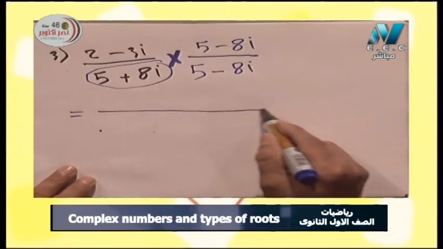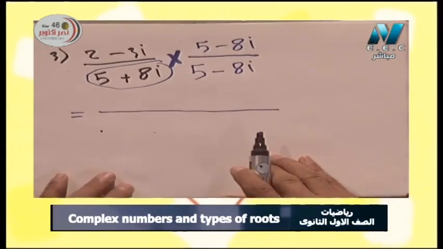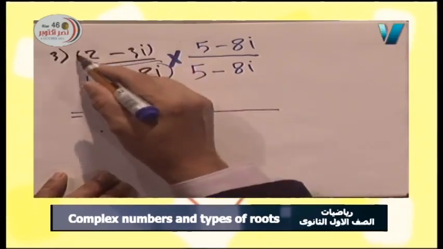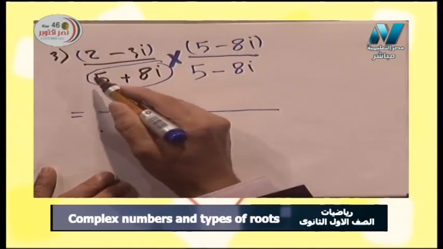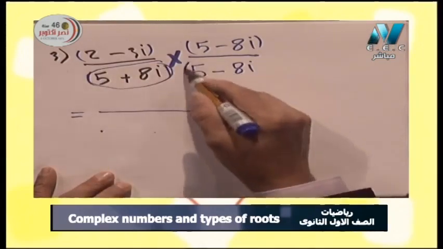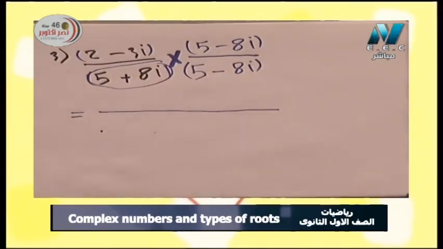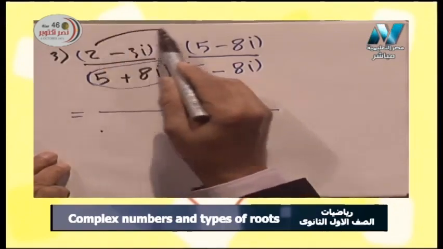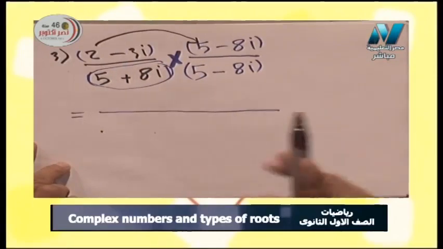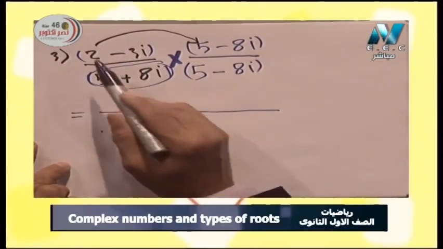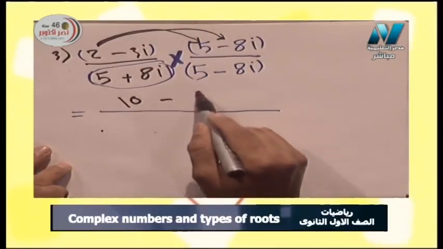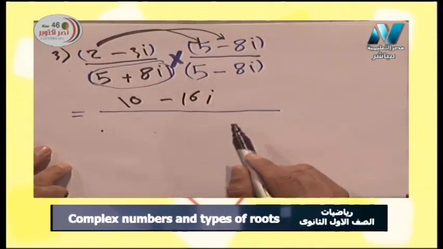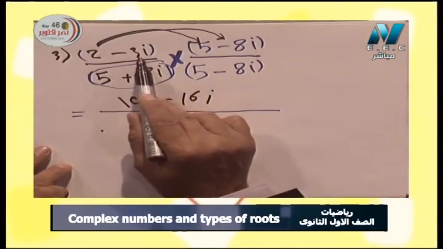Yes, we have here a long fraction. We have 2 brackets multiplying each other here, and we have the 2 brackets in the denominator multiplying each other here. And look at the answer. 2 multiplied by 5 equals 10, and 2 multiplied by negative 8i equals negative 16i. Then we start with negative 3i.